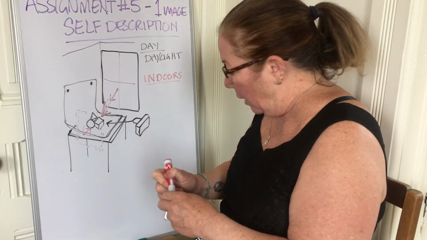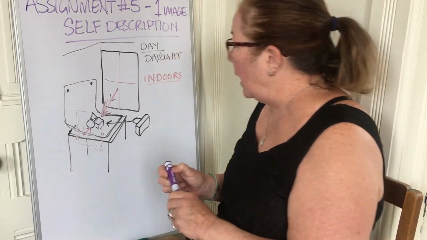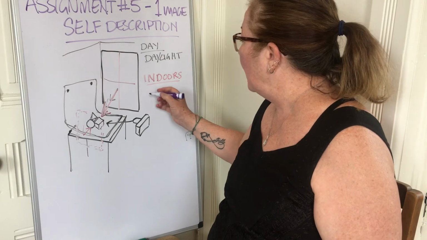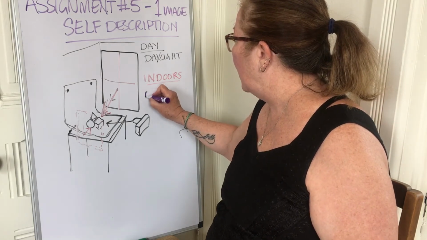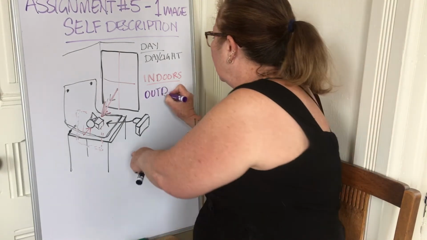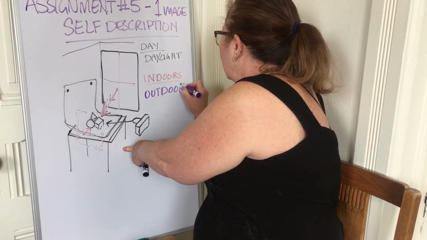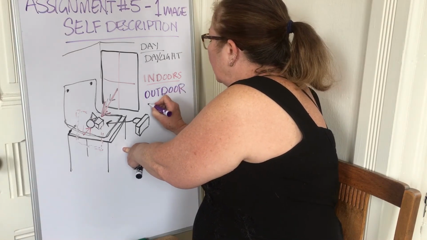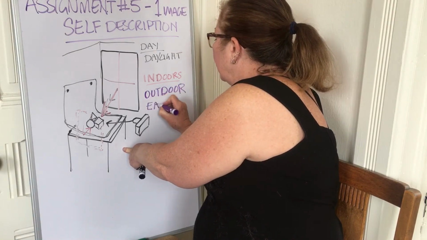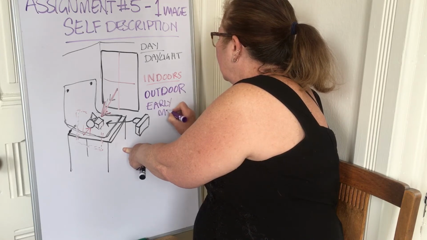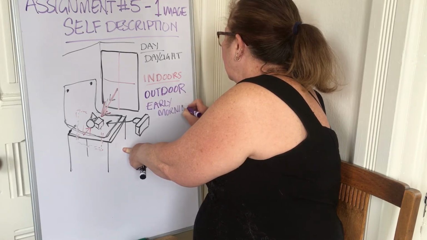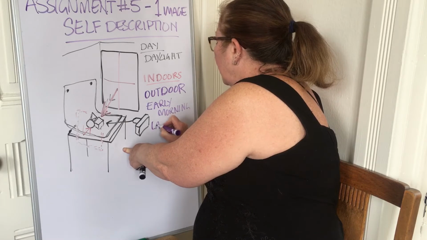If you're shooting outdoors, it's going to be the same kind of thing. I want you to make sure it's for outdoors. We're going to make sure that it's early morning or late afternoon.